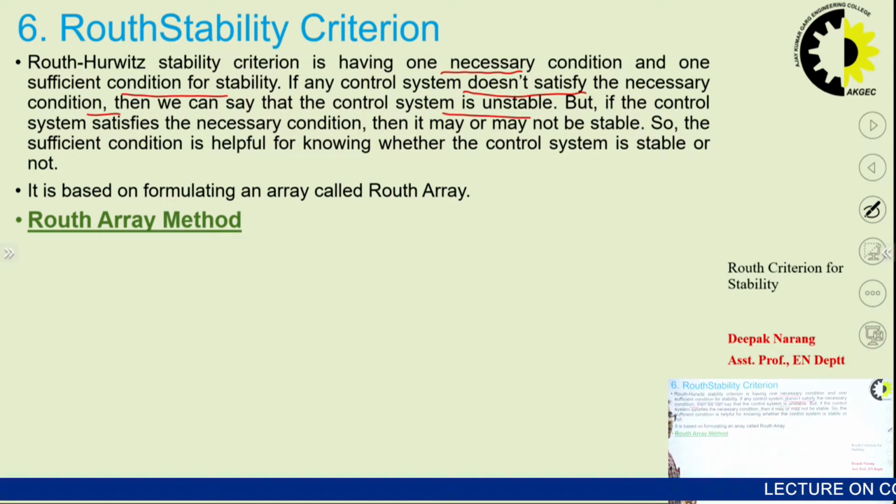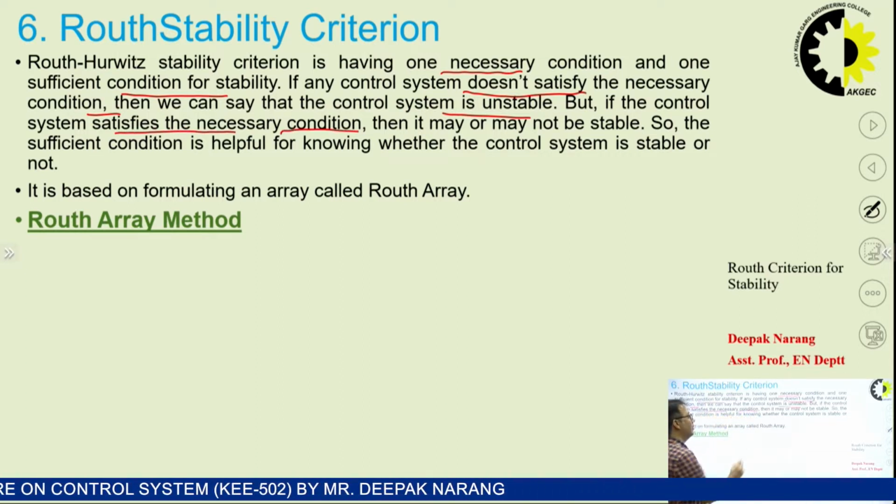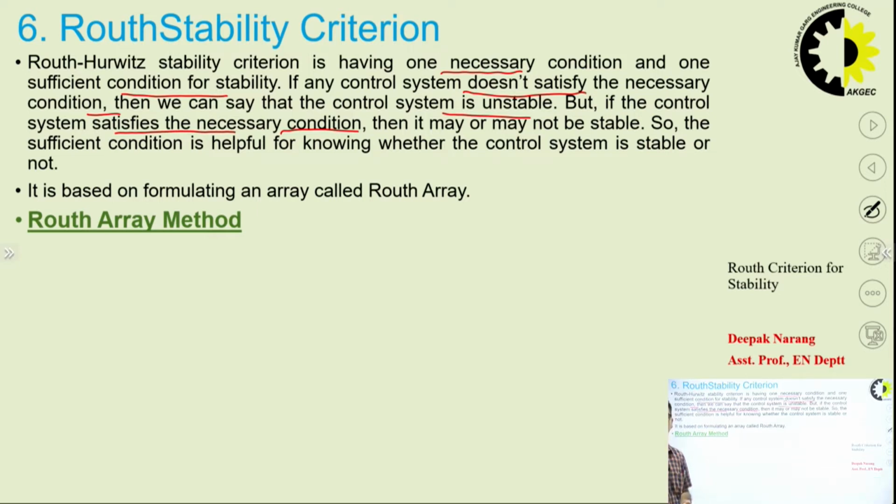But if the system satisfies the necessary condition, then it may or may not be stable. Then we have to look for the Routh criteria, where the necessary condition is satisfied but the system is still unstable. This Routh criteria is based on formulating an array which is called the Routh array.